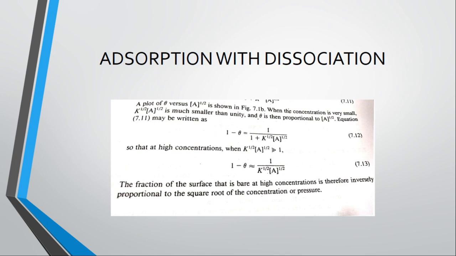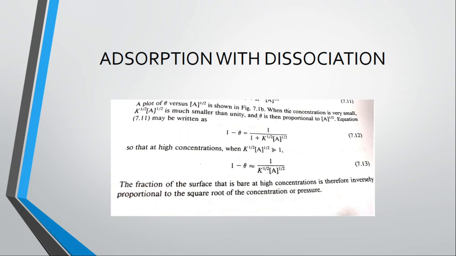When a plot of theta versus the square root of A is plotted, which is shown in the next slide, when the concentration is very small, that is K to the power of 1 by 2 into A to the power of 1 by 2 is much smaller than unity, theta is proportional to A to the power of 1 by 2.